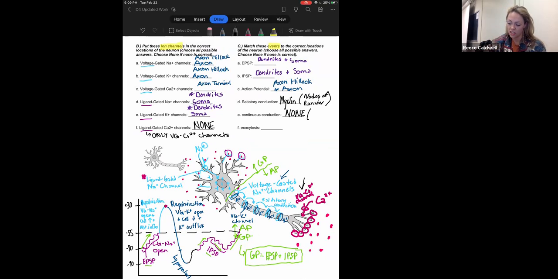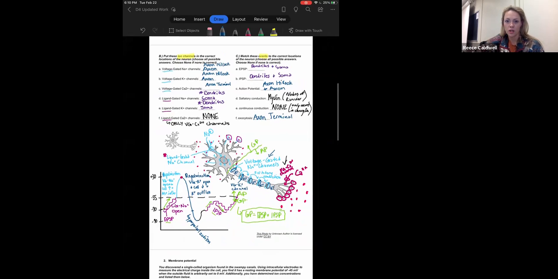So continuous conduction only occurs in unmyelinated neurons. And then lastly, exocytosis. Where does that occur? That occurs at the axon terminal with those voltage gated calcium channels.